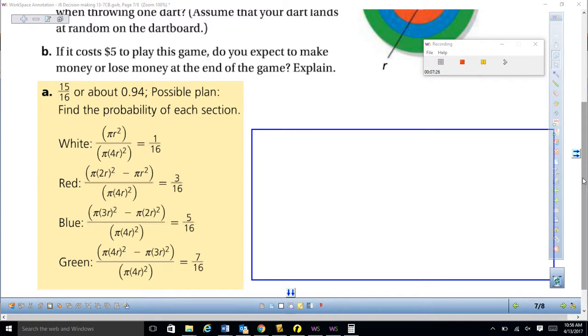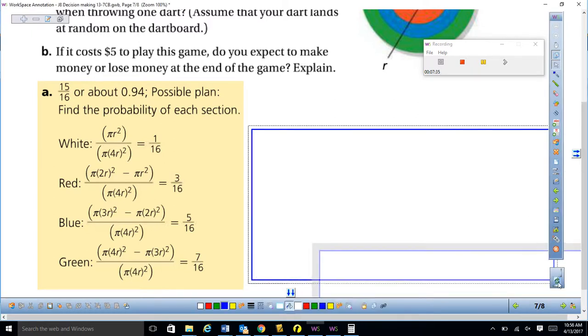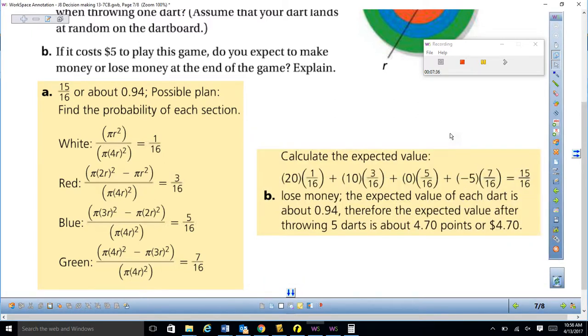And then we need to add them all up. So adding them all up leads us to 15 out of 16, or about 0.94, and that's our expected value. Since this is less than 1, you're more likely to lose money playing this game. The expected value is 0.94.